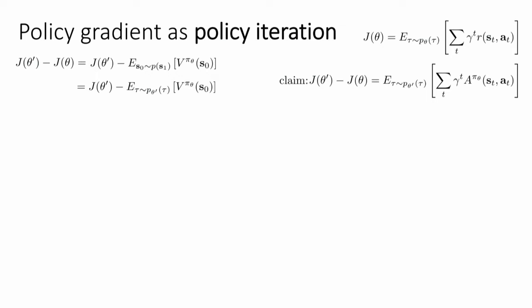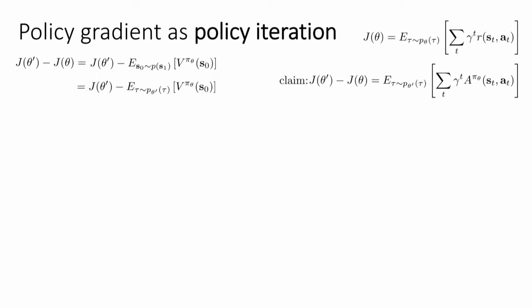But they're all the same. Every trajectory distribution will have the same first state marginal, because all policies start off in the same states. So that's why I'm allowed to make that substitution right there.